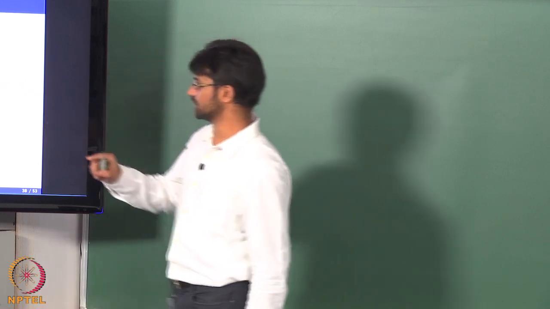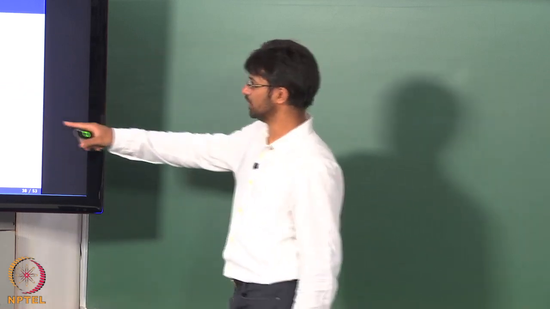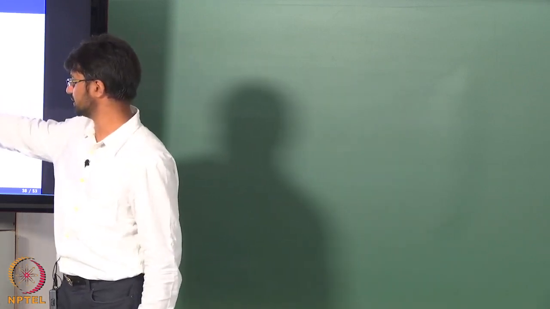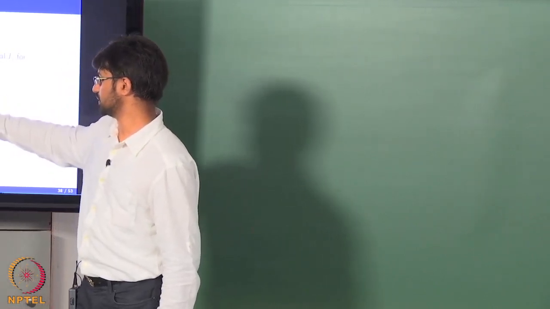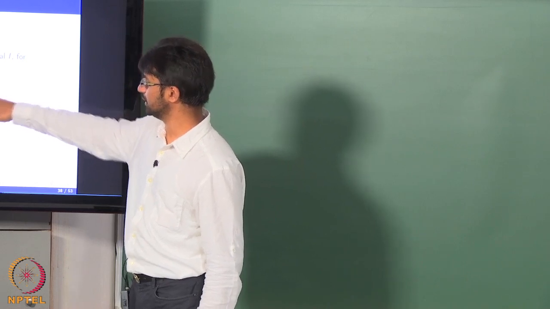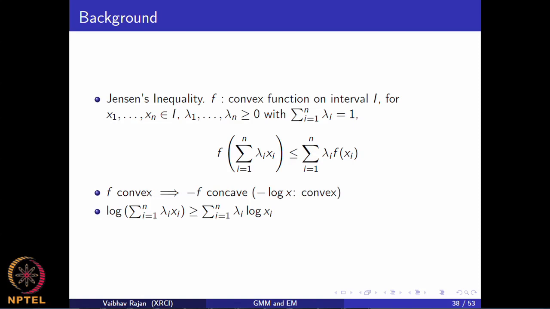So if you have a convex function, and you have a linear combination of these points xi, then the convex function applied to the linear combination is less than or equal to the linear combination of f(xi), where the function is applied to each of the xi's, right. And what we are interested in, you might have guessed, is the logarithm function, because log is what appears in our summation.